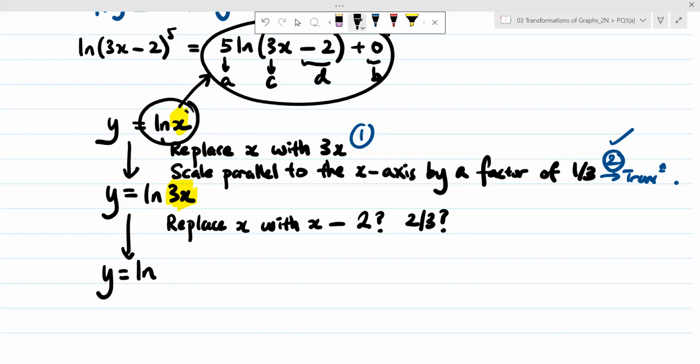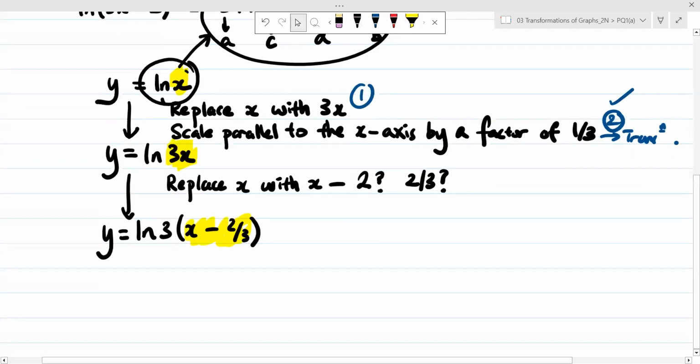Why is it 2/3? Yeah, you only change the x. You never disturb any other things that's not inside the x. So you have something like this. I highlight what is changed, so that's easier for you to see.